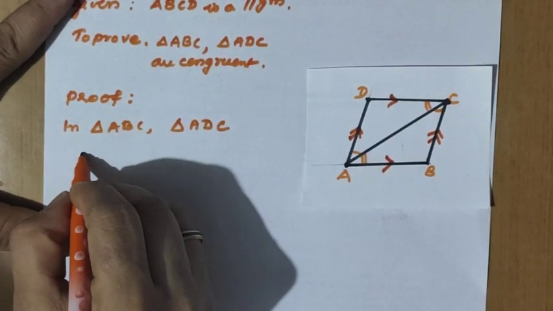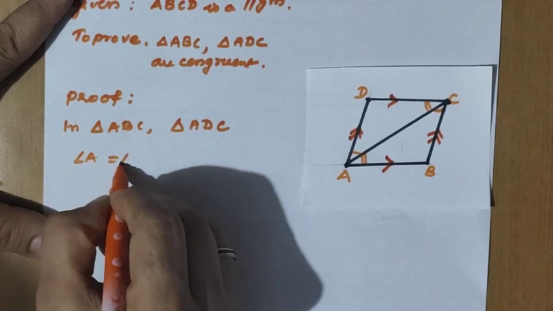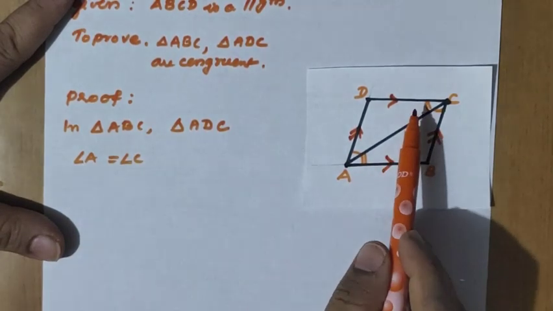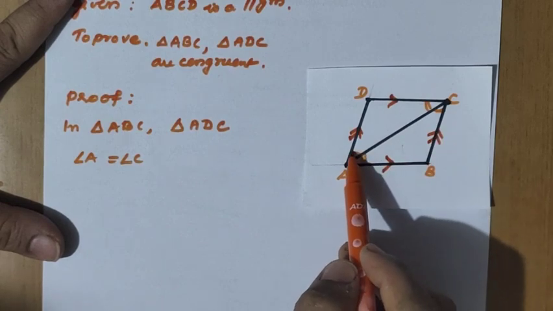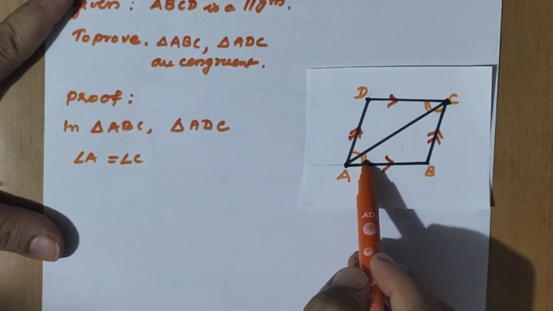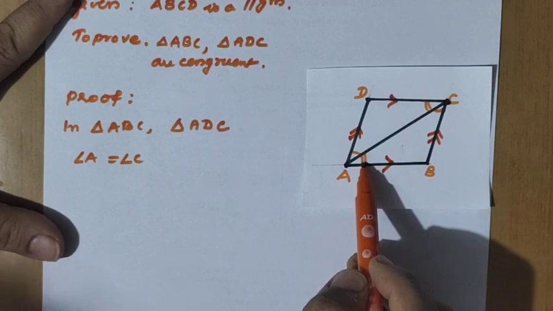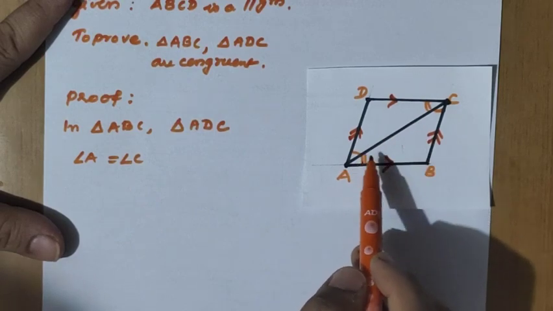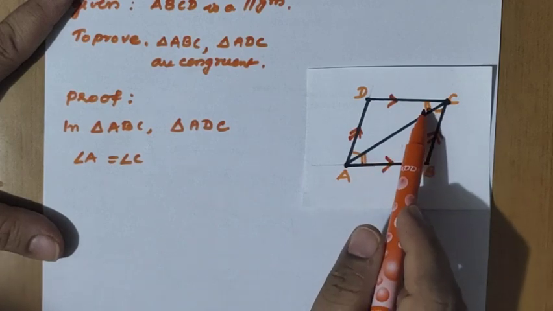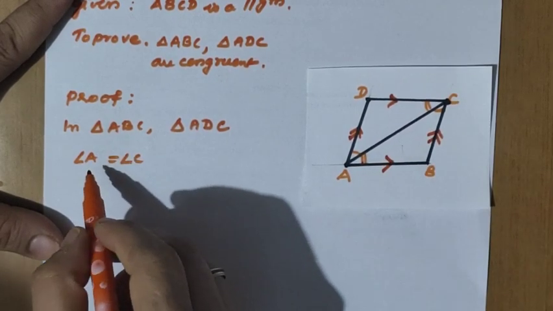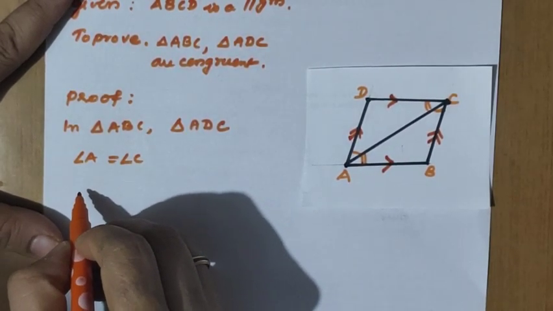So angle A equals angle C as alternate interior angles, because this is the transversal. The first angle I have taken is A, so the transversal is AC, but the line is AB. So from the transversal to the line, angle A equals angle C.